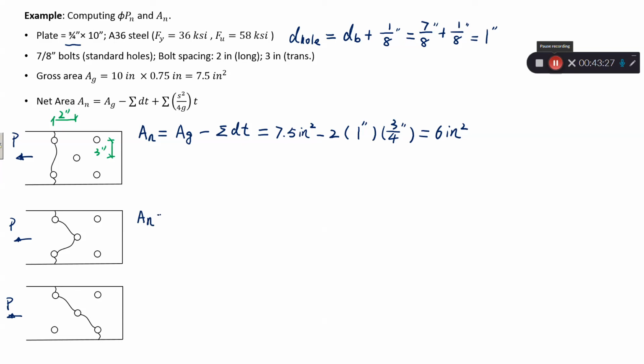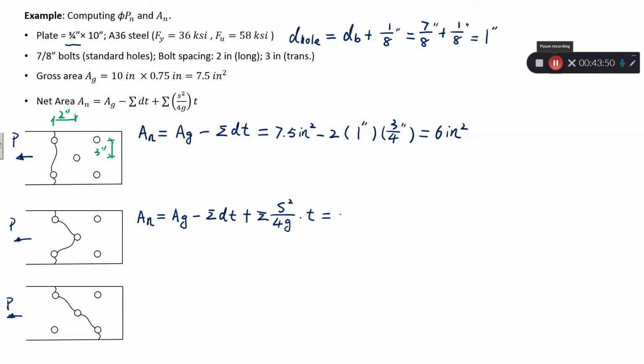So AN is equal to AG minus sum of DT plus sum of S squared over 4G times T, right?